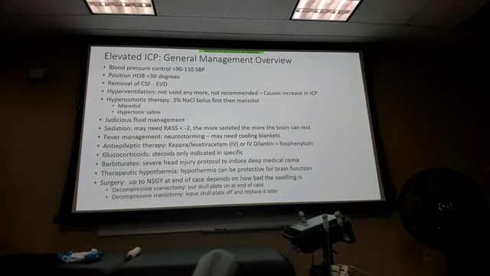So RASS is that Richmond Agitation Sedation Scale. All you guys right now are a RASS of probably -1, maybe? Yeah, maybe 0. So like I'm a +2. I'm up here, I'm alert, I'm awake, I'm talking to you, right? So a -2 is we want them sedated to the point where if we touch their hand, they may open their eyes, but it's very slow.